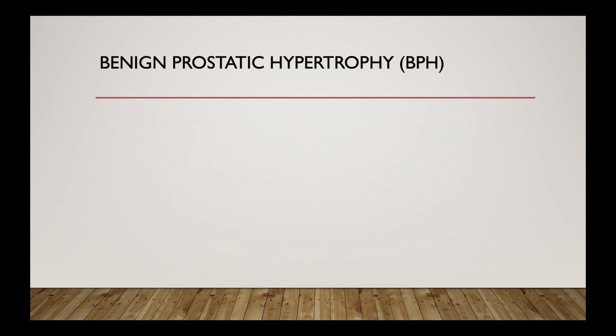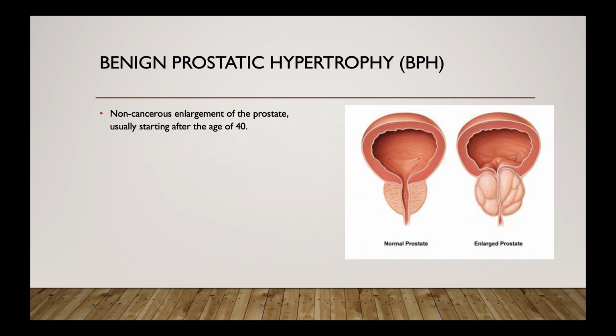But here's our BPH that I've mentioned a couple of times. You have that prostate and it hypertrophies. We have all of these excess cells growing. It is something that's pretty common starting after the age of 40. I have no idea why. It makes absolutely no sense. And it's not necessarily cancerous.